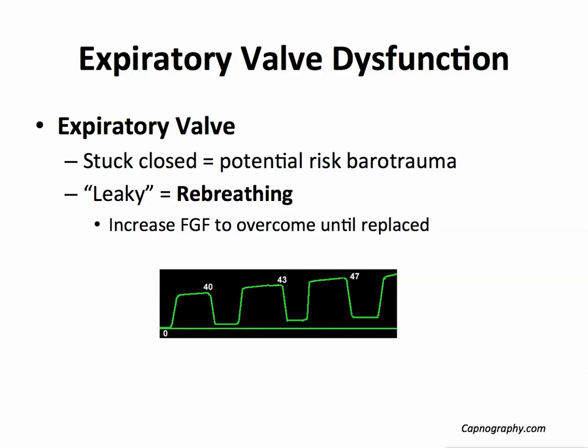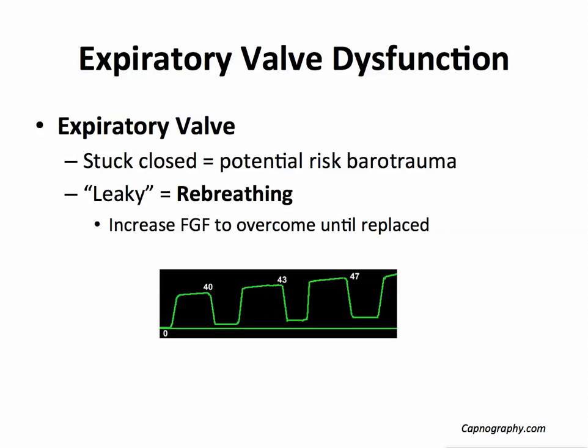What about expiratory valve dysfunction? If it's stuck closed and the inspiratory valve is functioning, air could go in through the inspiratory valve into the patient, and when it tries to exit from the patient out the expiratory valve, if it's stuck in a closed position, there could be risk of barotrauma and pneumothorax.